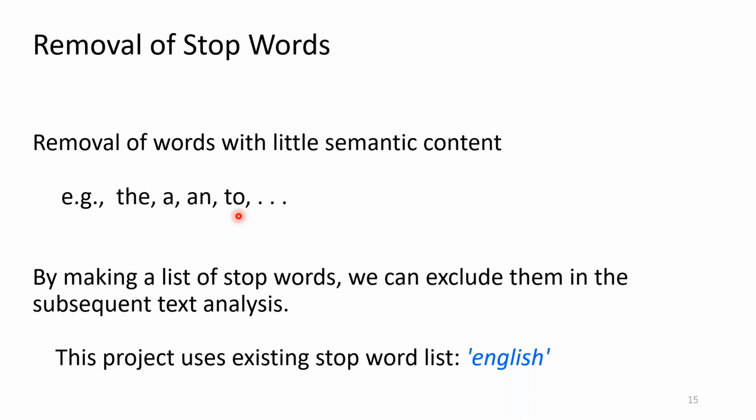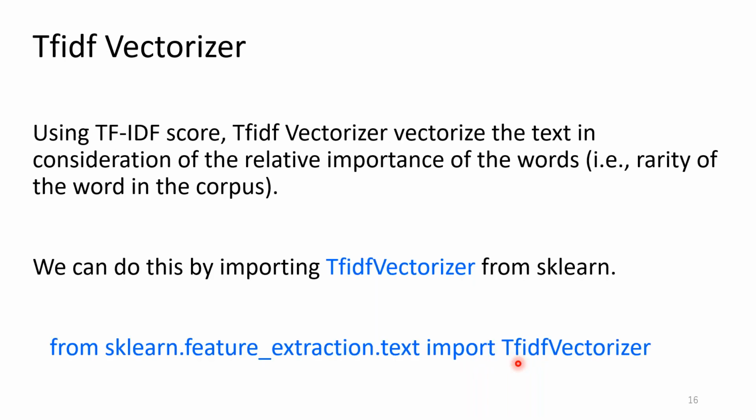These words are called stop words and will be removed in the pre-processing of natural language data in order to make the language processing effective and efficient. By making a list of stop words, we can exclude them in the subsequent text analysis. This project uses an existing English stop word list, an existing tool.